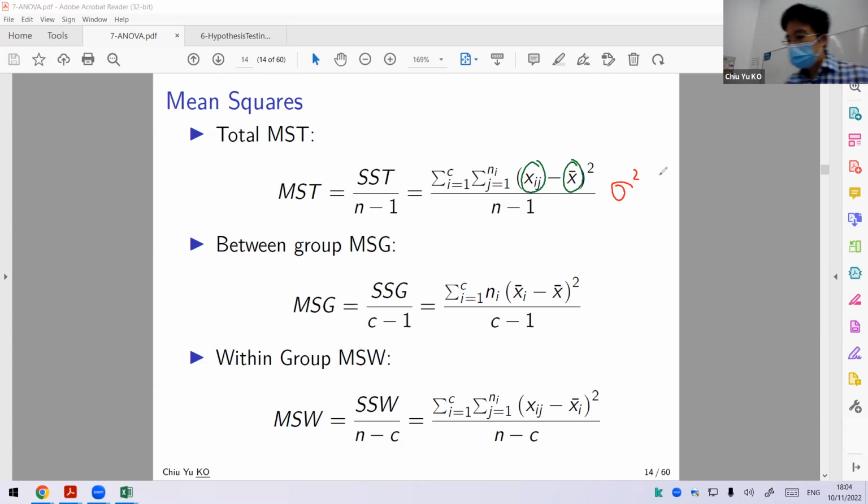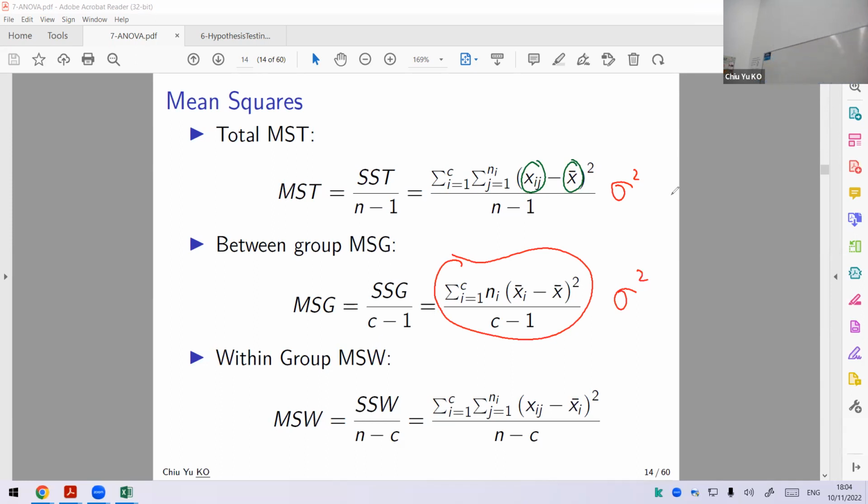And what is this one? This one is simply looking at how the mean of each group compares to the overall mean. Again, this is also a measure of sigma square.